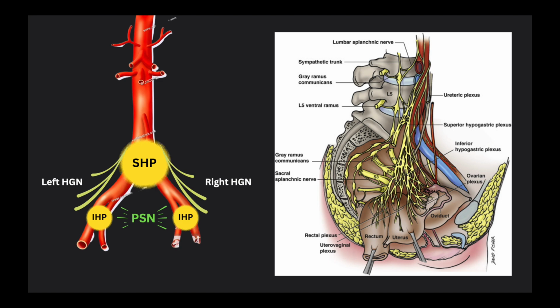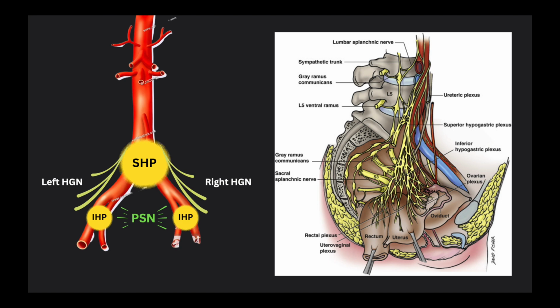So imagine the aorta. Aorta bifurcates into common iliac arteries. So here at the junction where the bifurcation of aorta occurs, there is a plexus. Plexus does not mean a ganglion.